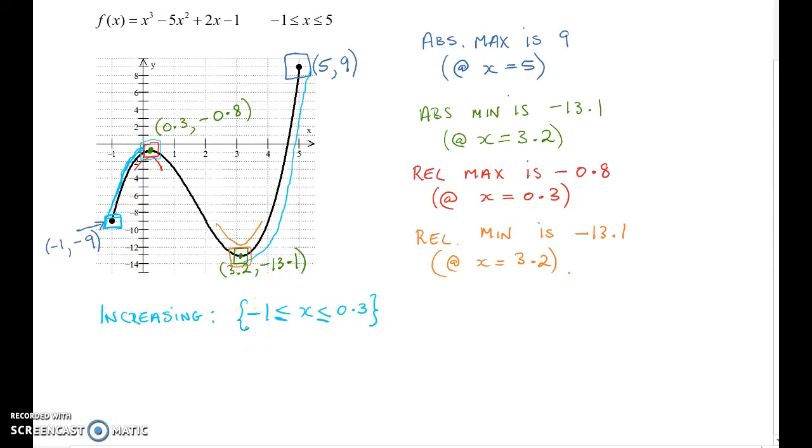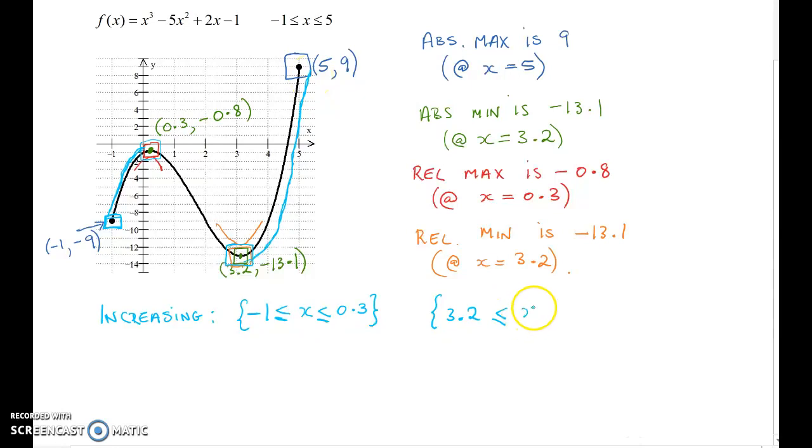So we highlight that in curly brackets. And then the next one, it starts increasing again at this point. Now getting a little bit cluttered with too many colors, but the x value there is 3.2, and it increases from there all the way across to x equals 5.